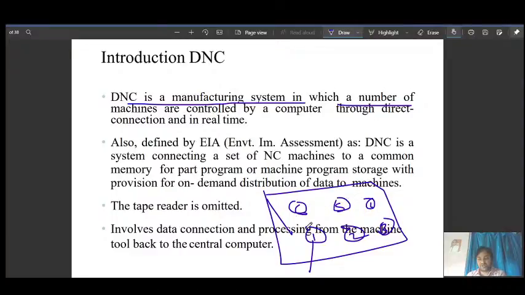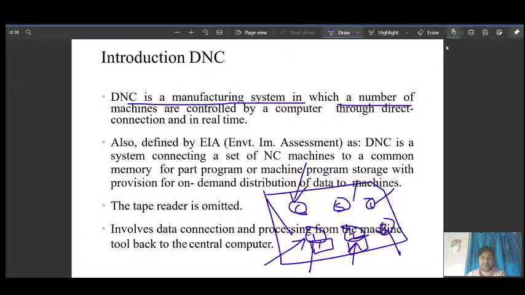What is the problem? If you have to write a program, you have to go to this machine, write it, simulate it, and then check it. Again, to write the program for part 2, you have to write it and simulate it for machines 3, 4, 5, 6. So again, it will take time.